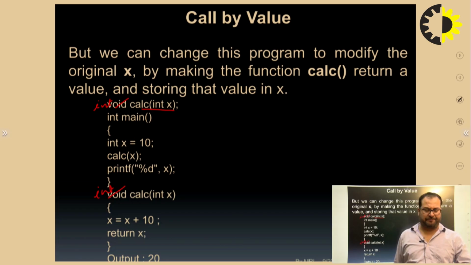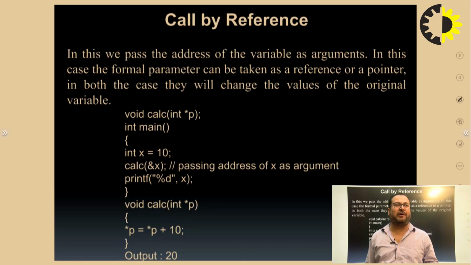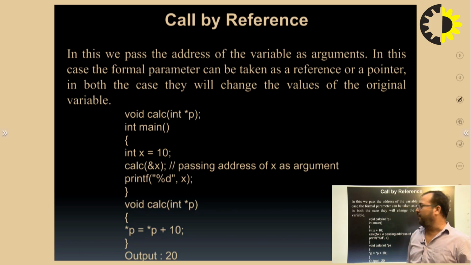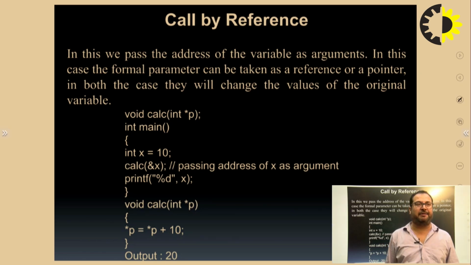So there are two ways to call a function. One is call by value and the other is call by reference. In this we have used an example of call by reference. Call by reference means we are going to pass the reference. Reference means the address of a variable.